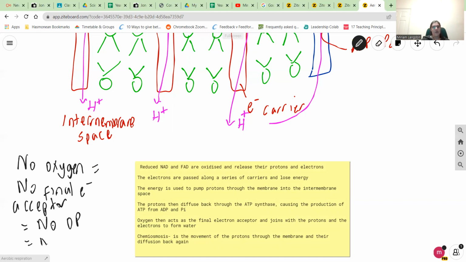And therefore the whole of Krebs grinds to a halt because you've got no need to make reduced NAD and reduced FAD, which means the only thing you'll do is glycolysis, and you're going to hit anaerobic respiration instead. I hope you have a good understanding of the process of aerobic respiration from that.